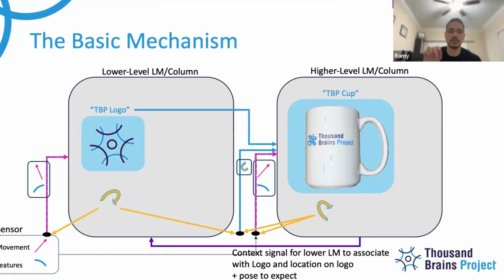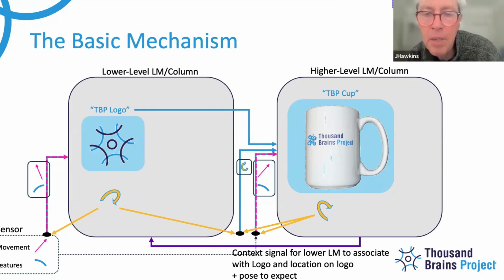So maybe a follow-up question. As we move the sensor in the lower level reference frame, does the location in the higher level reference frame change, or does it stay the same? It changes. The sensor is moving in both reference frames. The only complication, which we could try to avoid for now, is that if the two columns have different inherent scales, where the size of the locations is bigger in one than the other, then it's not an exact one-to-one match.